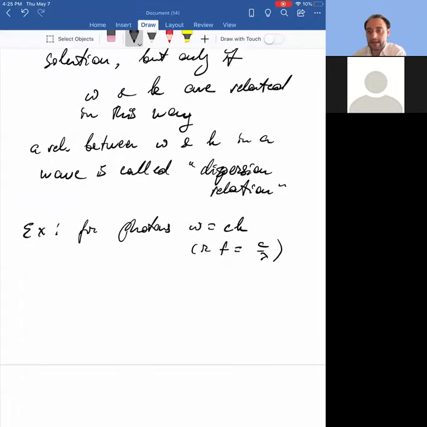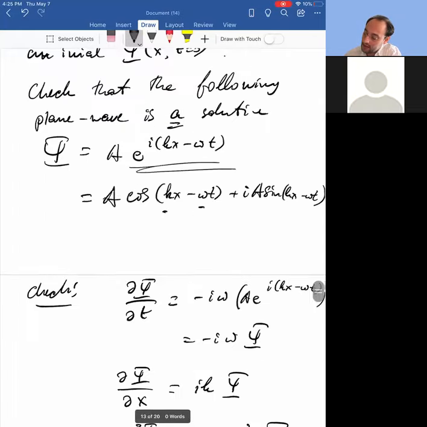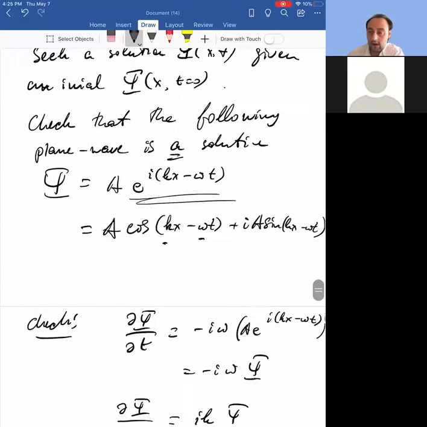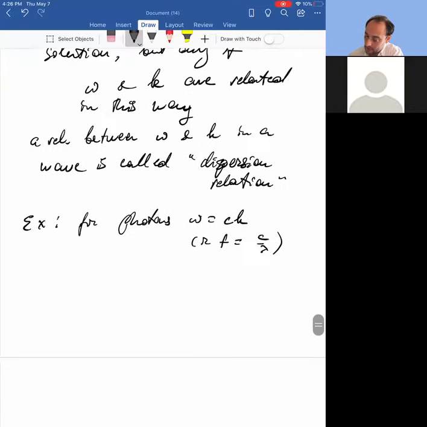In our case, we're dealing with a different type of particle. We're dealing with a massive particle, so it has a different dispersion relationship. Can we make sense of it? Well, this is a plane wave with a single k and a single omega.